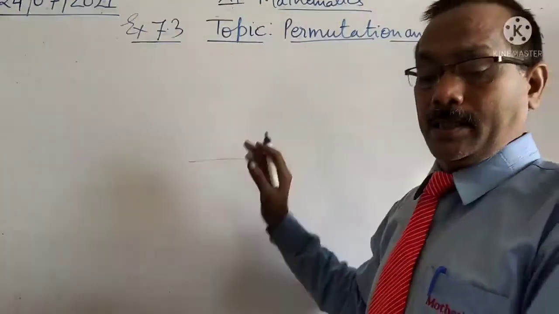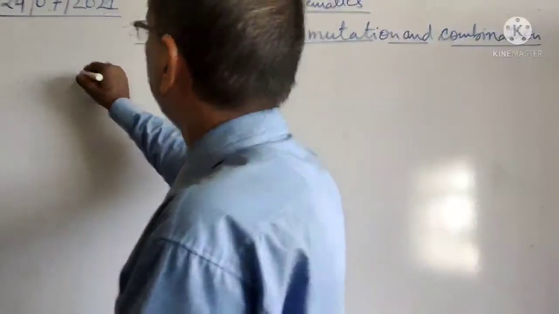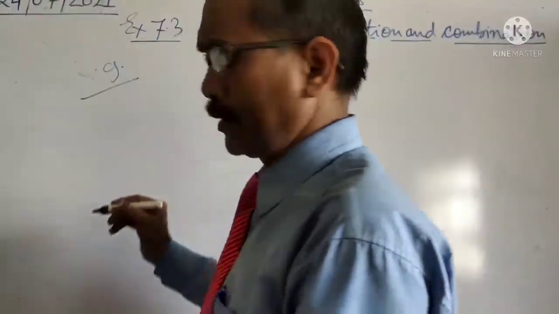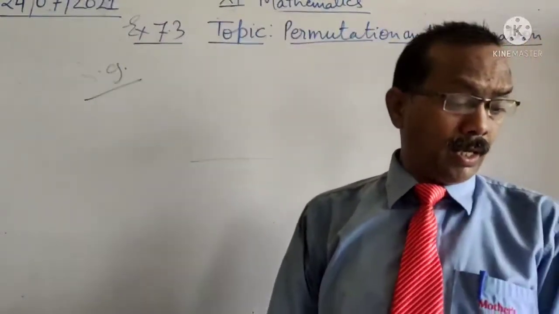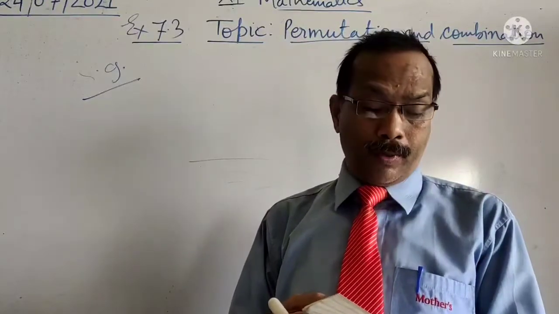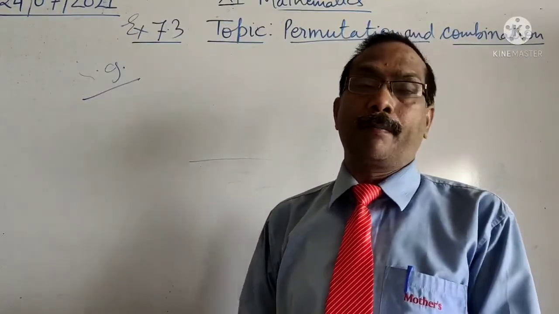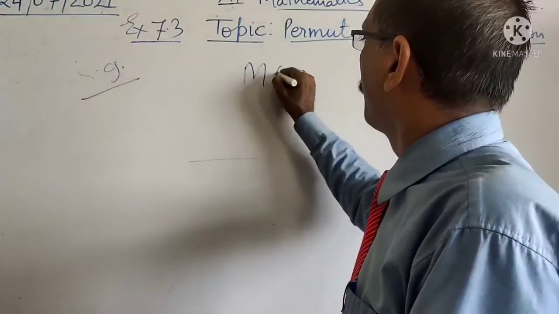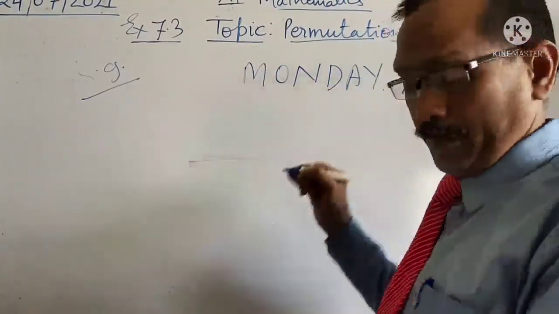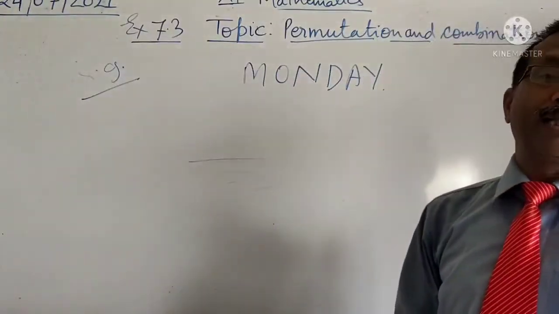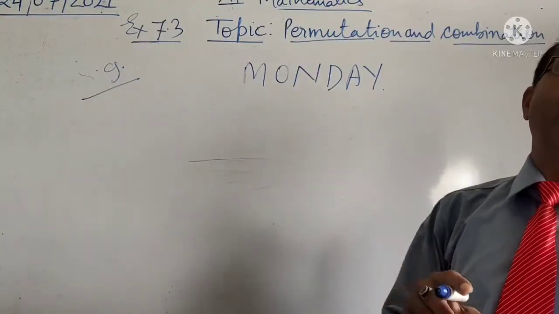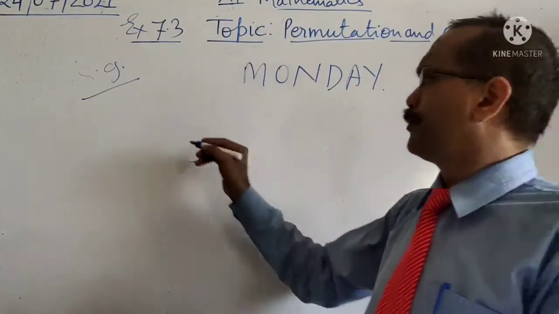Now next is question number 9. The question is, how many words with or without meaning can be formed from the letters of the word MONDAY, assuming that no letter is repeated, if 4 letters are used at a time.